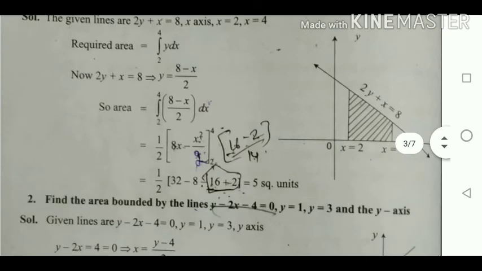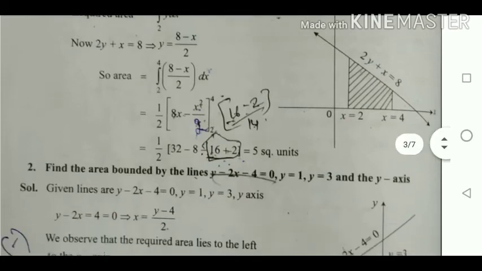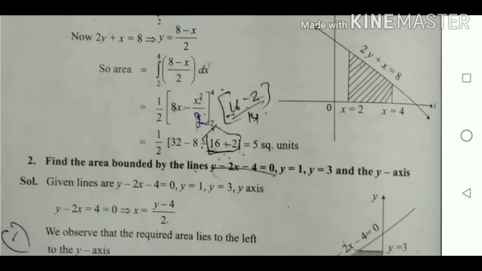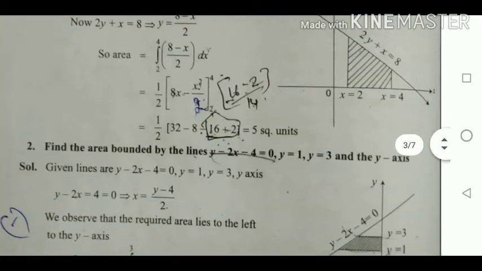Okay, now find the area from 2 to 4, that is integration from 2 to 4 of 8 minus x by 2 dx. If you integrate it, you get 8x minus x square by 2. After integration, you have to substitute the upper limit, which here is 4, then the lower limit. Okay, first substitute the upper limit: 1 by 2 into 8 4s are 32 minus 4 square, which is 16, 16 by 2 we get 8.